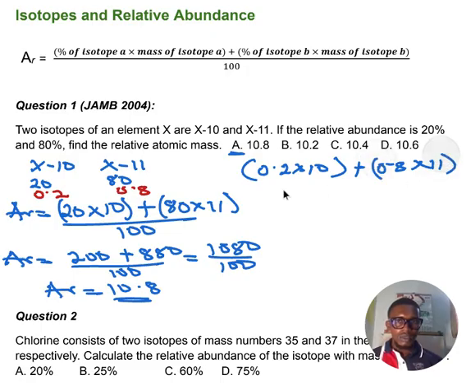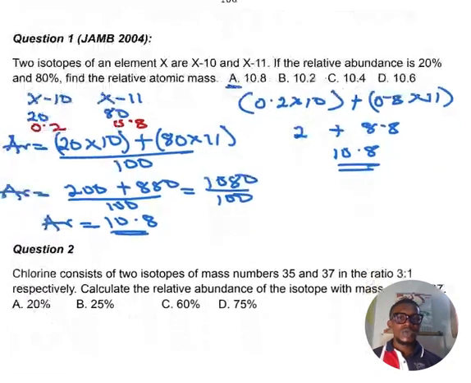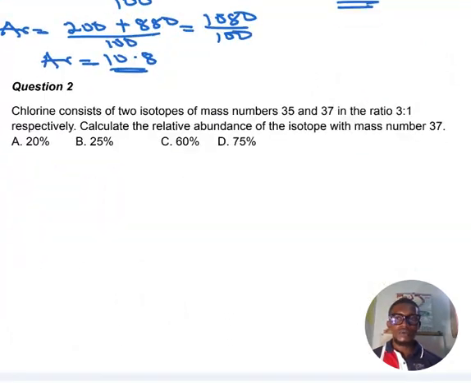Okay, no need of dividing by 100 in this case. So this will give you 2 plus 8.8, sorry, 8.8. So if you add them together, you are going to get 10.8. So let's take a look at our second example.